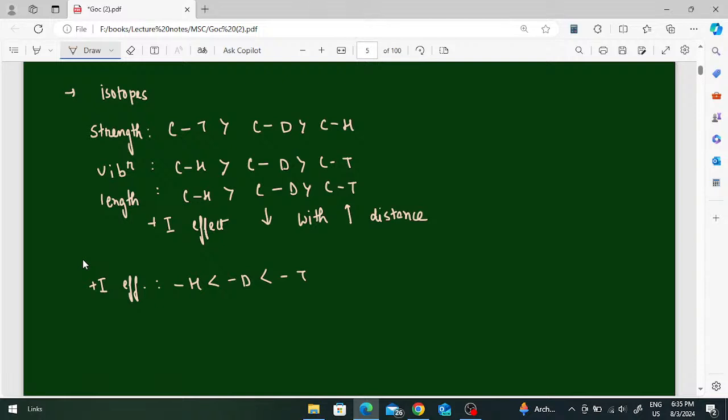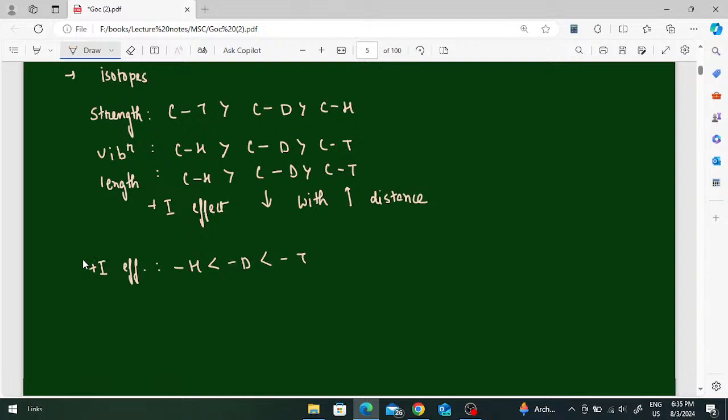Talking about the alkyl groups, similarly in alkyl groups the primary will have less than secondary, and secondary less than tertiary alkyl groups.